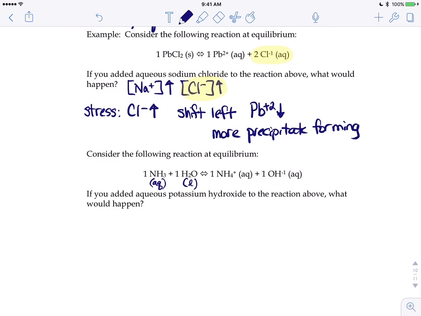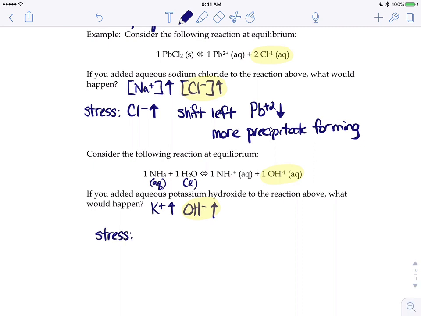So if we added aqueous potassium hydroxide, potassium ions would increase, hydroxide ions would increase, but we don't really care about the potassium ions because they're not in our reaction. Our hydroxide ions are. We have an ion in common, so this would impact our reaction.